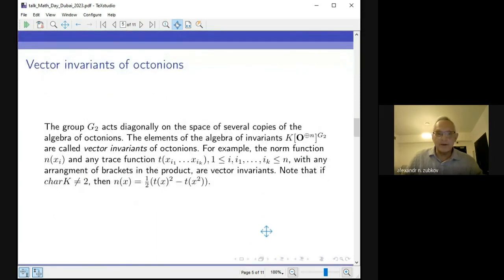The typical examples of such invariants are the norm function and the trace function of the product of octonions.